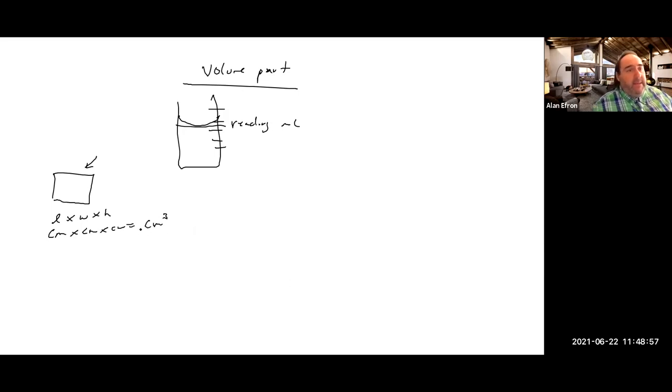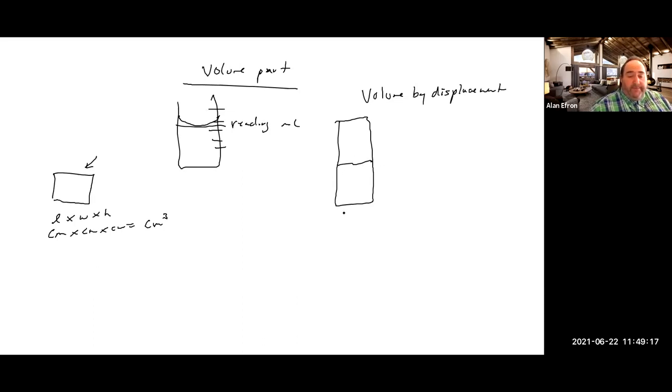But very, very common in density situations is we get the volume by what is sometimes referred to as volume by displacement. What that basically means is if we take a glass container and we fill it with some type of liquid, let's say like water, it will have an initial volume. And if we take a solid object and drop it in there, what we would expect to see happen is the volume level will rise to a final volume.